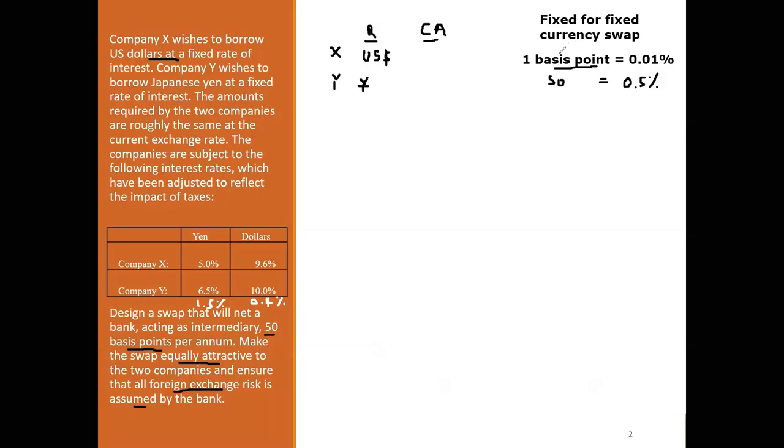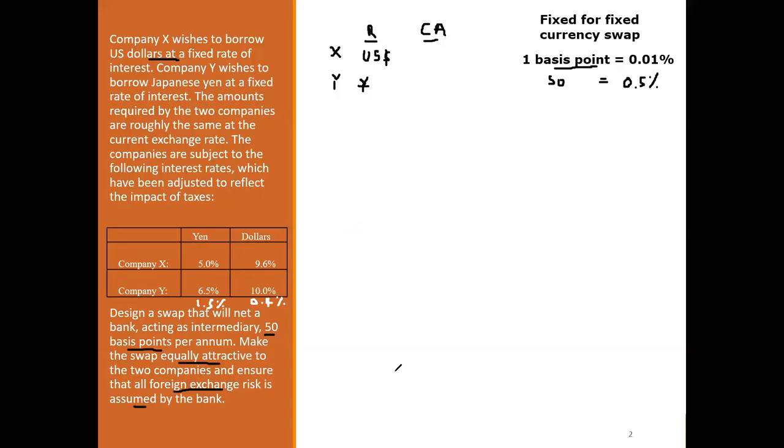So that's a measurement unit that is used. That's why, if the financial intermediary charges 50 basis points, and the question is given in that manner, then if you convert it to a percentage, it would be 0.5%. Okay, I hope that is clear.